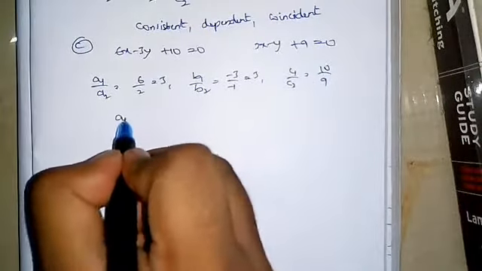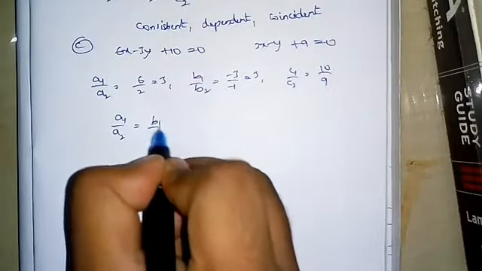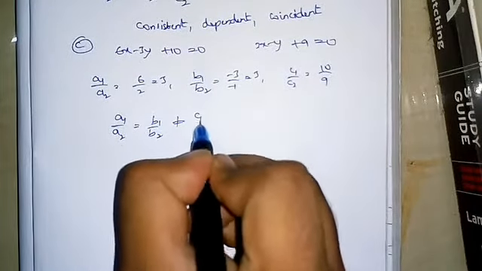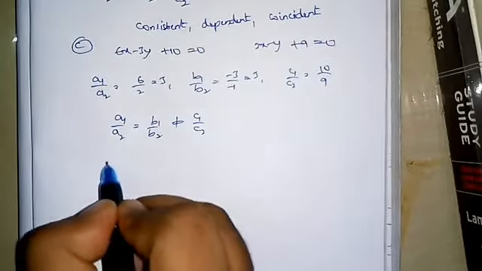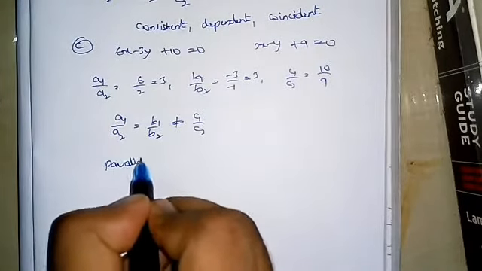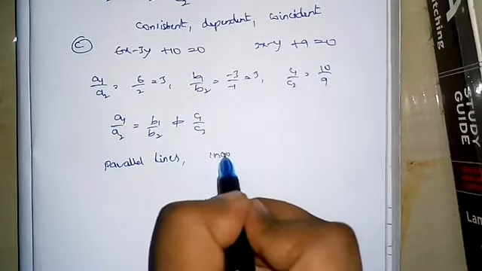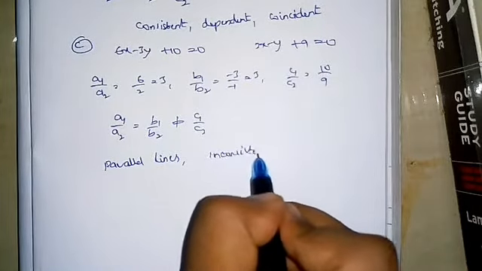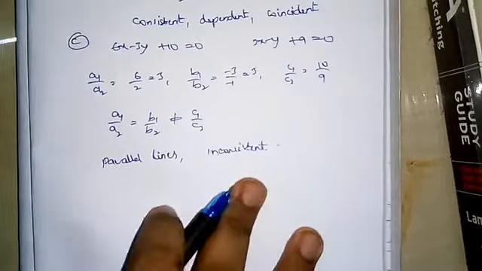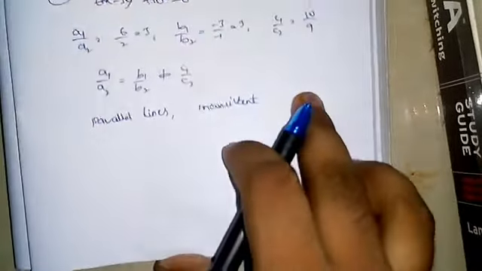So if you observe, a1 by a2 is equal to b1 by b2 not equal to c1 by c2. So these are parallel lines, inconsistent. There are no solutions for these two equations because these are parallel lines.